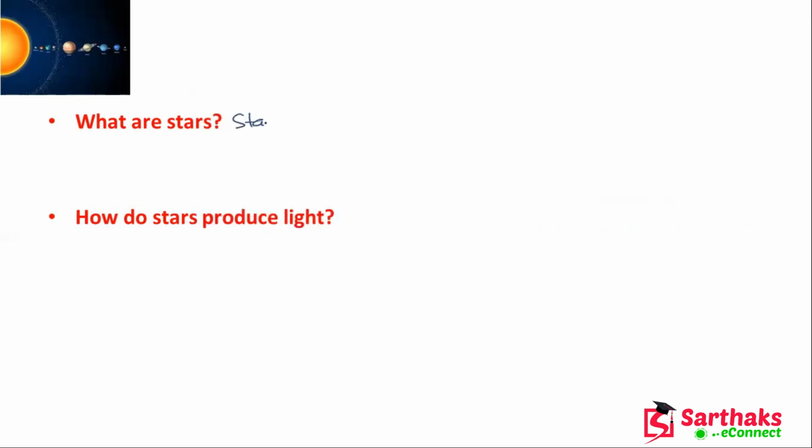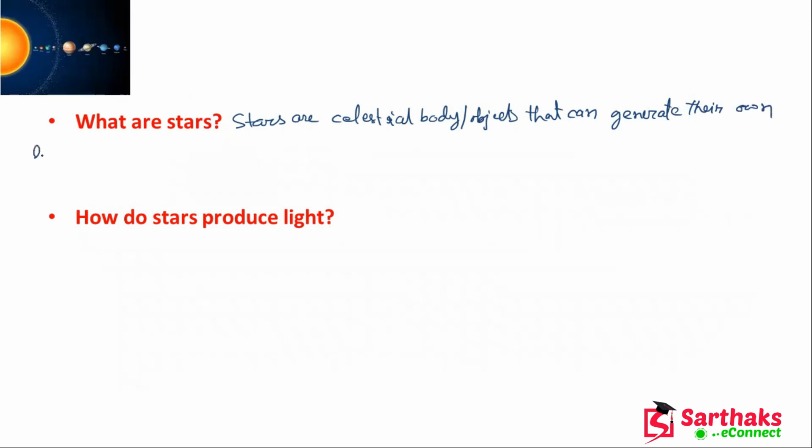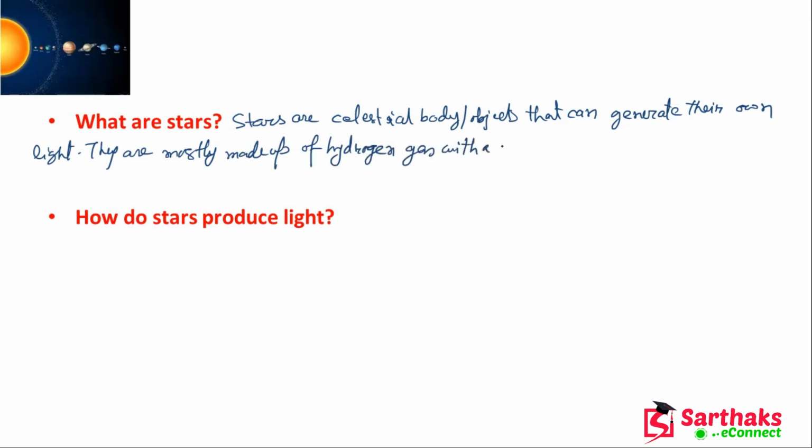So here the stars are celestial bodies or objects that can generate their own light, and they are mostly made up of hydrogen gas with a little helium in them.